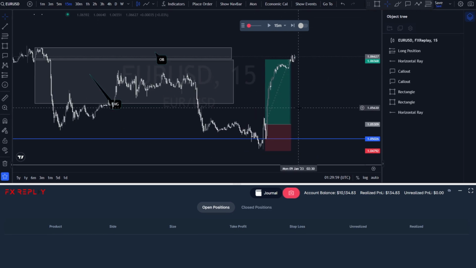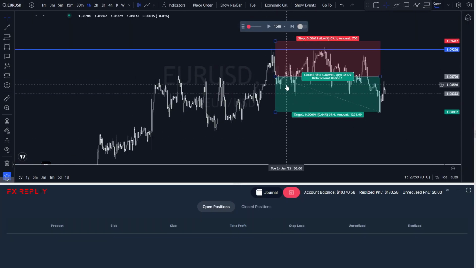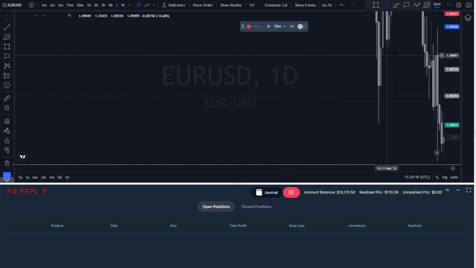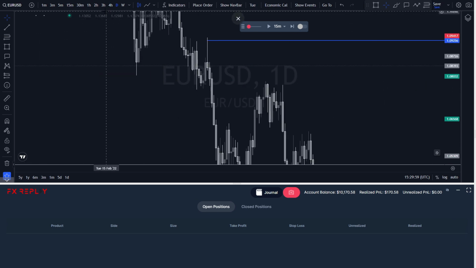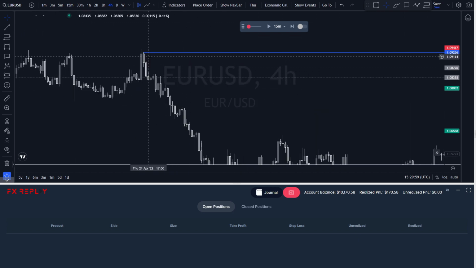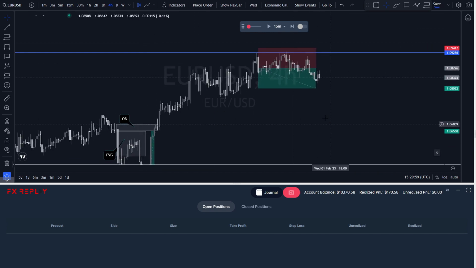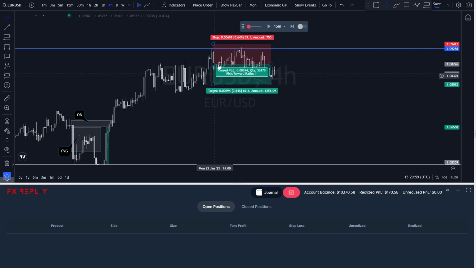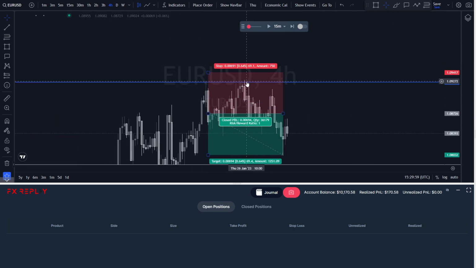Let's see how the next trade goes. Next trade, next win. Actually, damn, what's going on today? So what happened was, as you can see. Okay, hold up, I did it in 4 hours. Yeah, I marked this one right here, and it barely took out the liquidity right here, and then right here again.